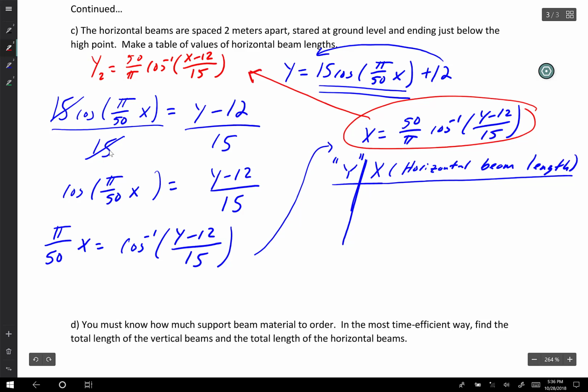I'm going to do that too as well. 50 over pi, parenthesis, arc cosine. Don't forget to use the fraction feature, guys, or else, remember, the calculator is just a stupid piece of machine. So use the alpha y equals feature so you can have perfect answers.